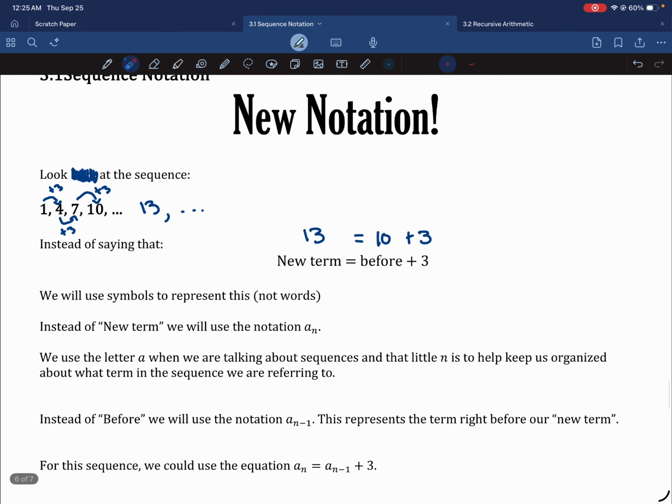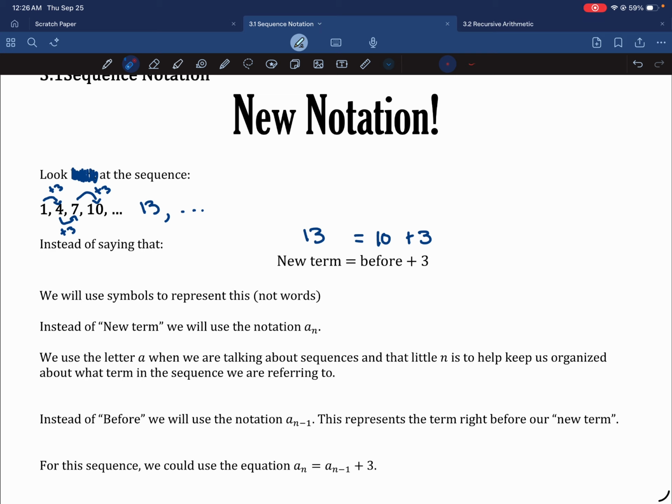Then, instead of saying before, like we did up here, we're going to use the notation a sub n minus 1, okay? A sub n minus 1 represents the term right before the new term, okay? Now, if you think about this, if my new term is a sub n, the term right before that would be like n minus 1, right?